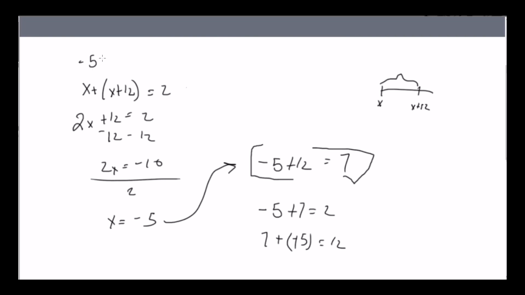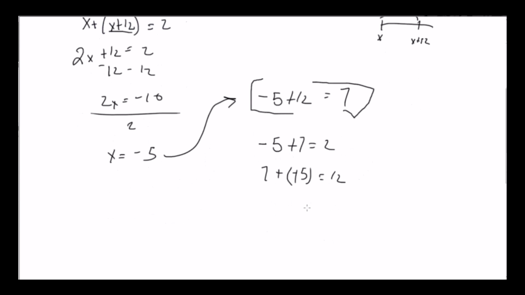So instead of worrying about doing -5 plus -5 plus 12 equaling 2 and simplifying and doing all that, I went ahead and skipped right into knowing that x plus 12 is 7. So our second number is 7. So we're going to look for a solution that has -5 and 7.